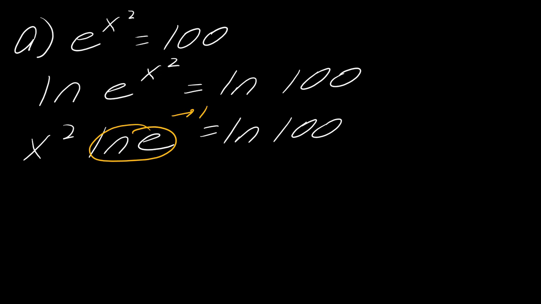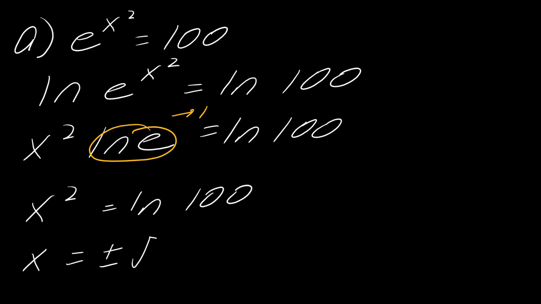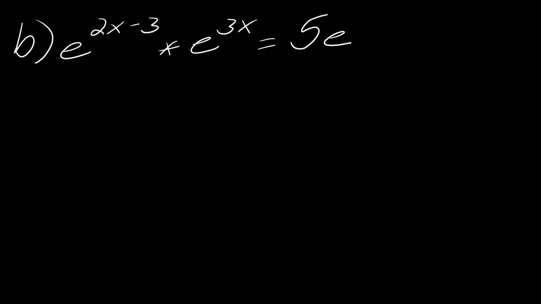Okay, so now this whole equation is just x squared equals natural log of 100, and then I can use the square root property, write this as plus or minus the square root of the natural log of 100, and there you go.